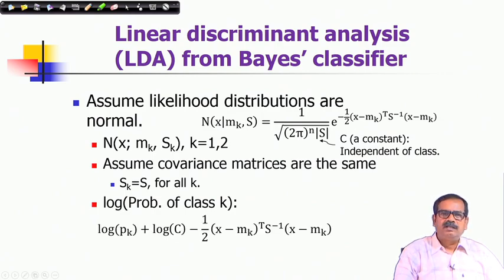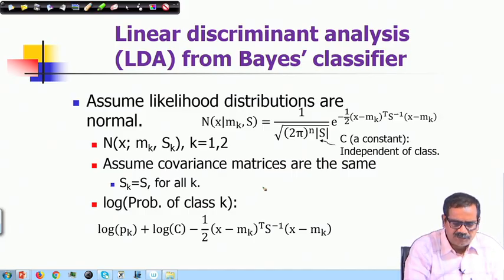So, if I perform the logarithm of this expression of the posterior, you know that p k is the prior probability of class k, and into that there is a product with N of x given m k, S k, that is the likelihood. Once you take the logarithm, it is log p k and this constant.